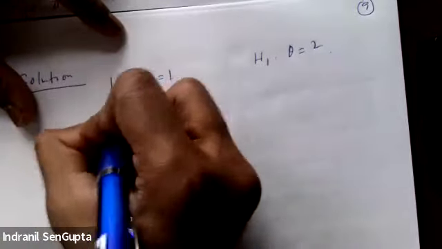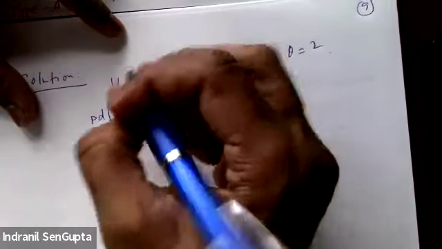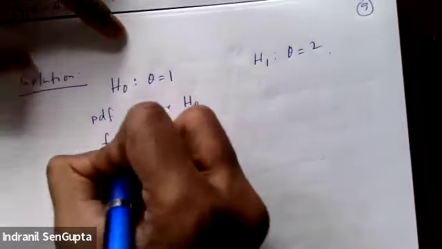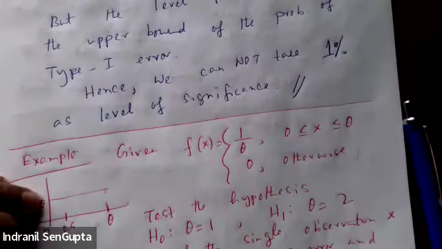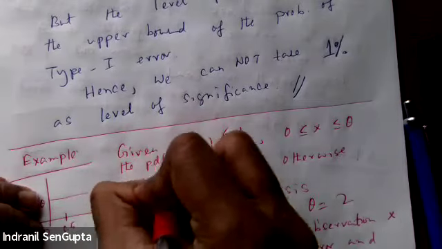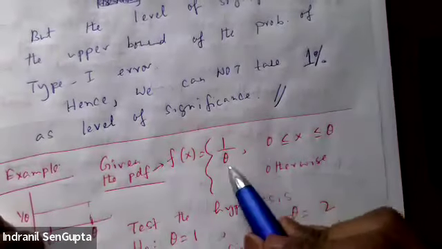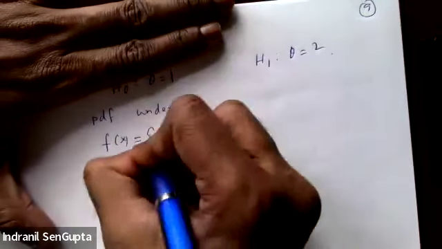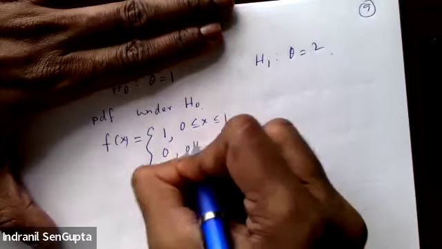So the probability density function under H0 is given by this one. If I just replace theta by 1, it will be replaced in two places, here and here. So fx equals 1 for 0 less than x less than 1 and 0 otherwise.